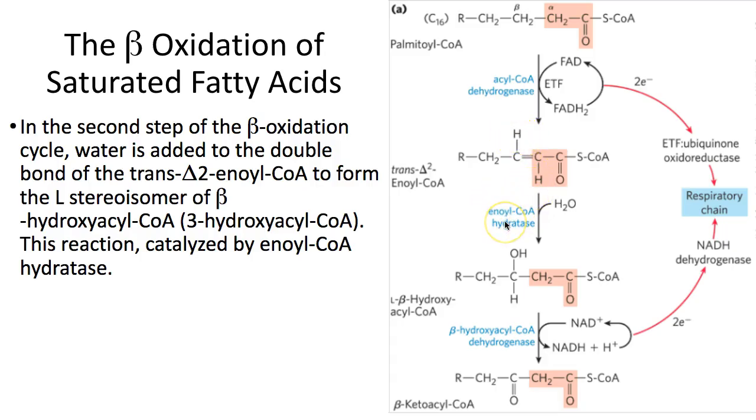Well, now in order for water to be added, this enzyme that produces a hydroxyl group on the beta carbon is stereospecific, and so it needs the trans form in order for this reaction to happen within this enzyme.